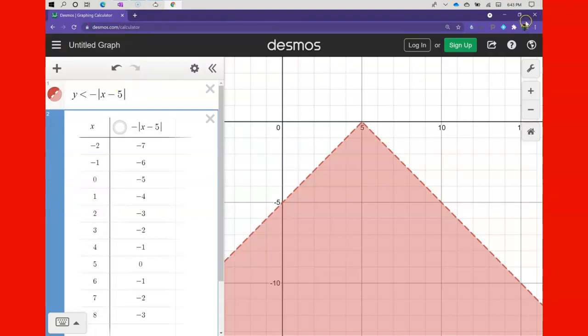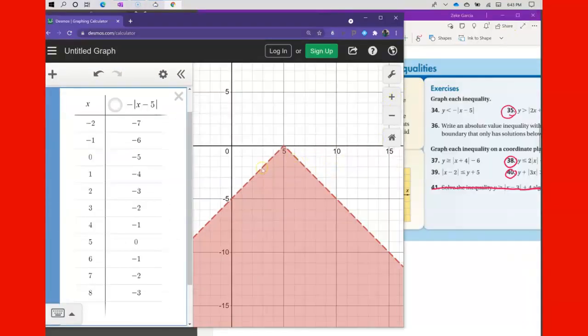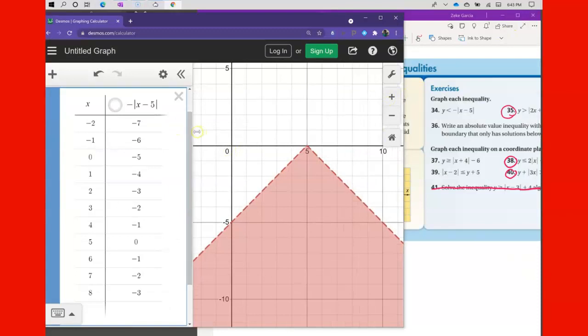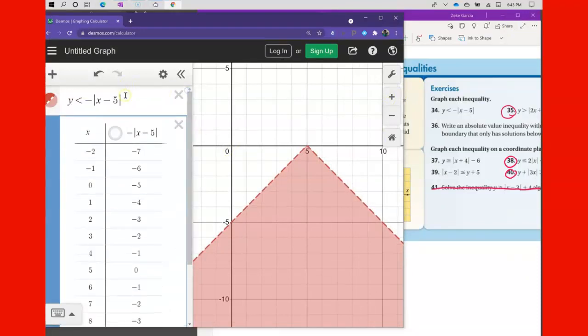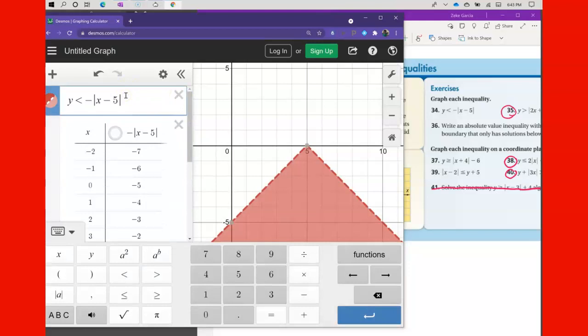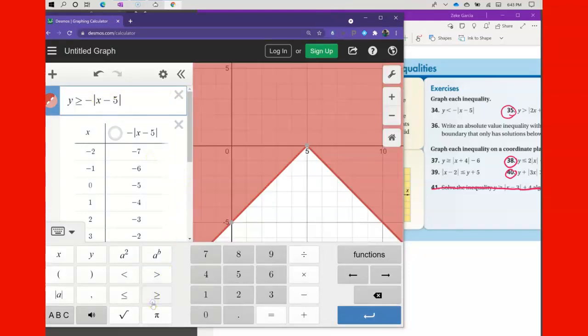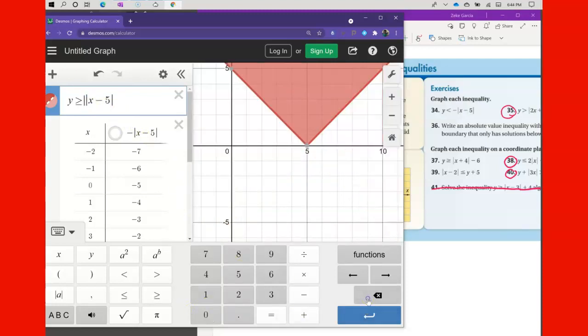Let's go ahead and go to the next problem. What I'm going to do here is type in y is greater than or equal to, and you notice it shades up, and we are also going to remove this negative, so I'm going to remove it.